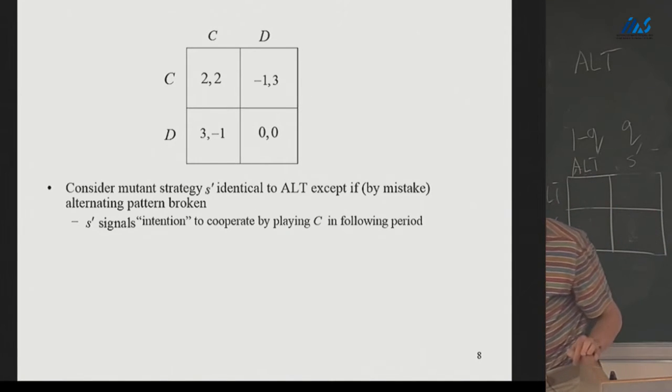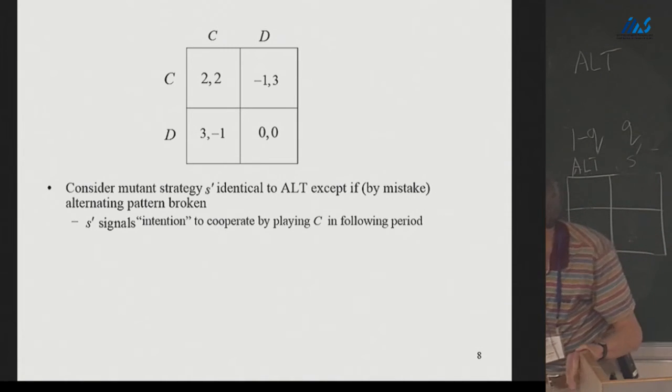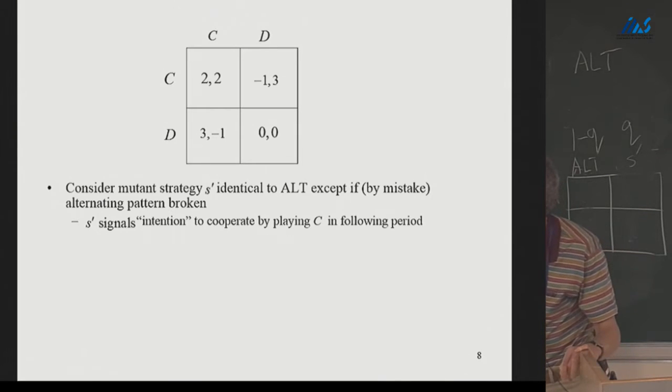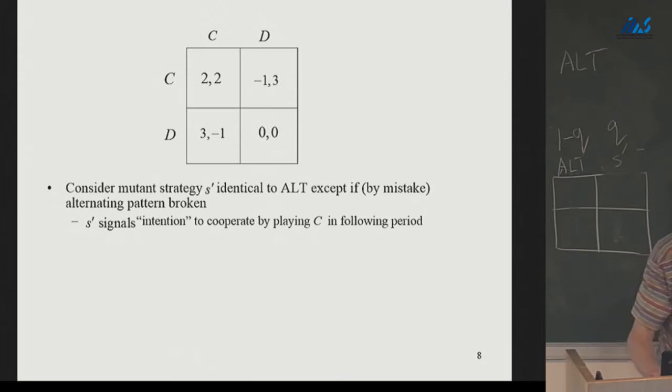What it does, in the period after the alternating pattern is broken, is play C. You can think of playing C as extending an olive branch, or you can think of it as a way that S prime is in effect signaling to the other player that it is willing, despite the breakdown in alternation, to cooperate.